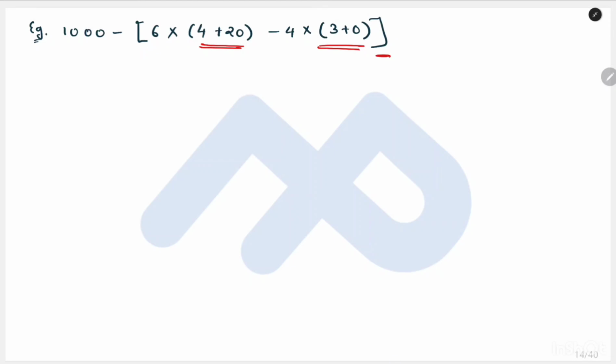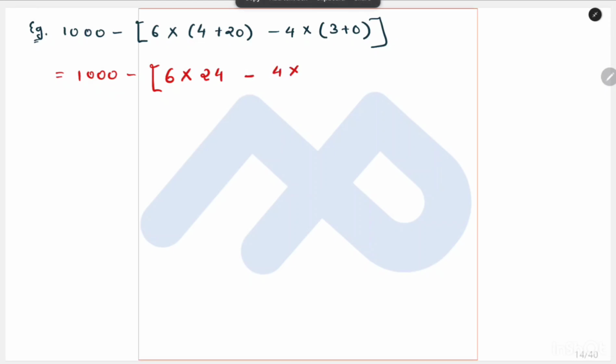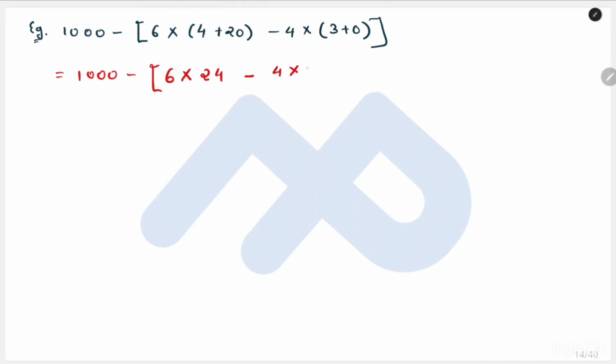You start from the inside one. So let's start that. 1000 as it is minus this bigger bracket as it is, 6 as it is, into, let's solve this, 4 plus 20, that is 24, minus 4 times 3 plus 0, which is nothing but 3. So we solved both the smaller brackets which are inside the bigger bracket.